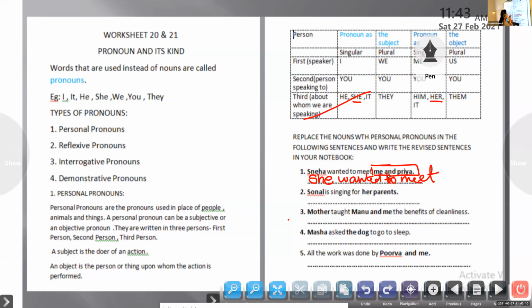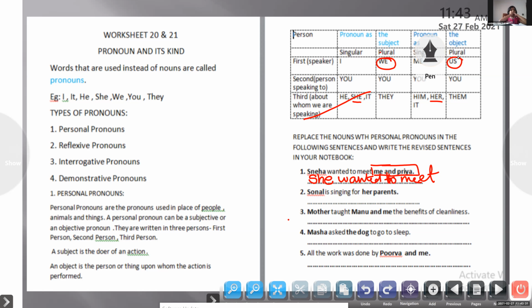I told you if you are included in it, there is one pronoun. What is that pronoun called? That pronoun is called we. Okay. So here it is an object. So what do we have to use there? She wanted to meet.